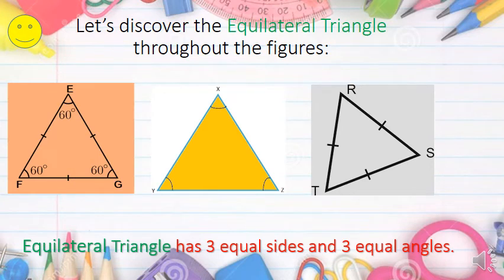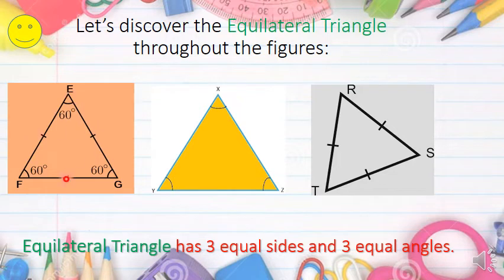Now let's talk about the equilateral triangle. Equilateral is the same as equal. Look at the figures below. As you can see, an equilateral triangle has three equal sides. FE is equal to FG is equal to EG.